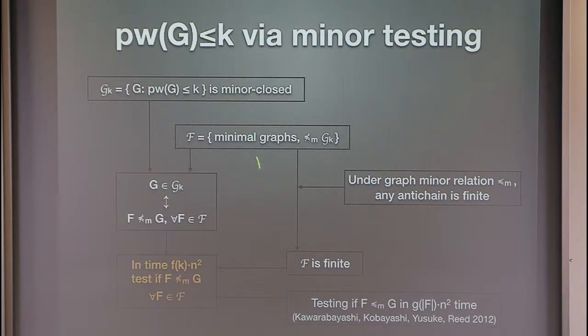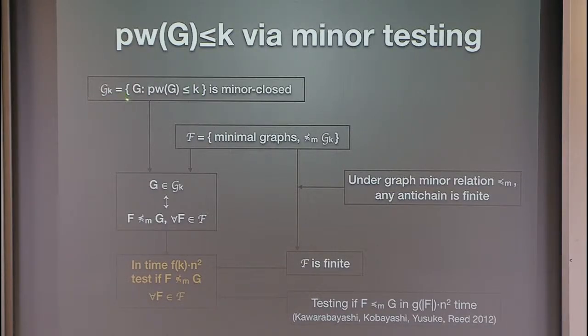So let's look at how a big machinery can help for this pathwidth problem. This is a schematic diagram for the pathwidth problem via minor testing. I guess many of you are already familiar with this schematic.